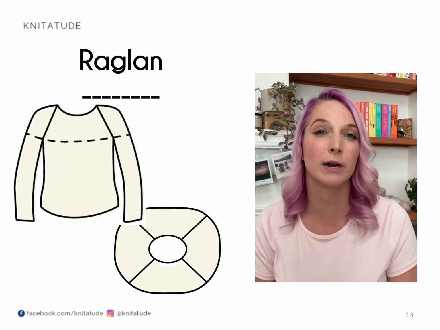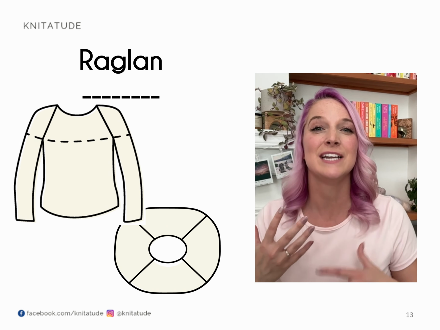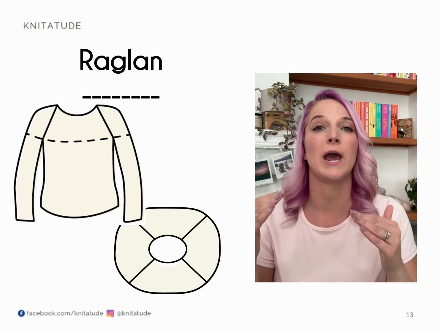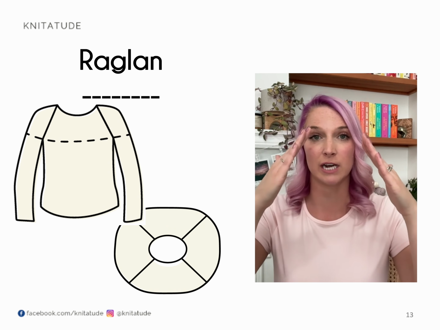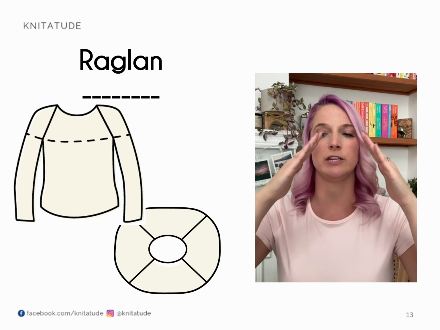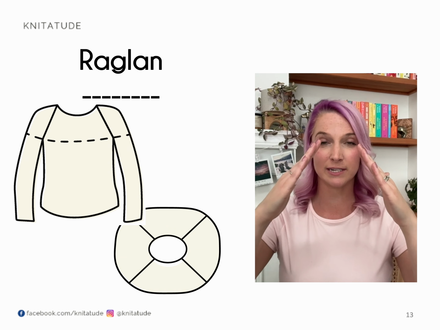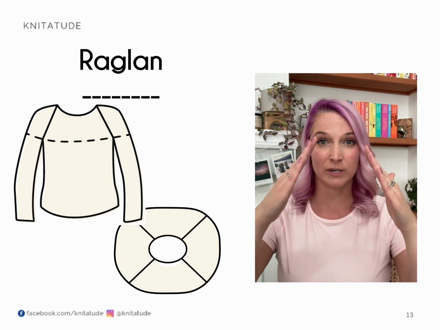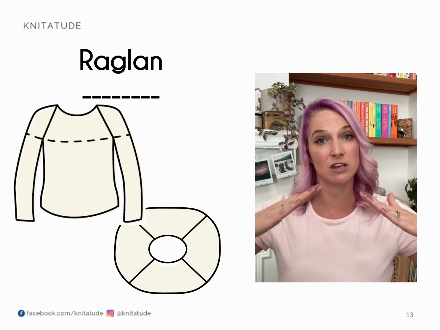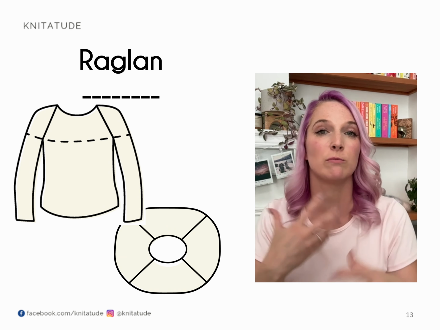And essentially a compound raglan is when you have different ratios of when you are starting to create those increases. So sometimes you will see raglans that are very strict and regimented, and then you may see some that have changes where all of a sudden you are increasing, and then you're increasing not as often, and you're playing with that ratio.